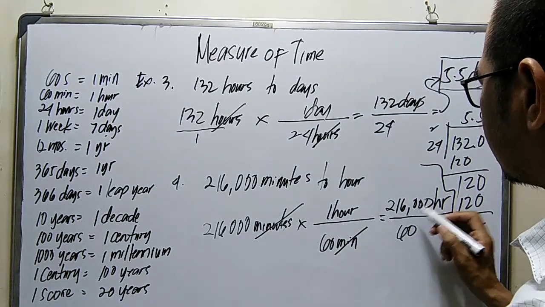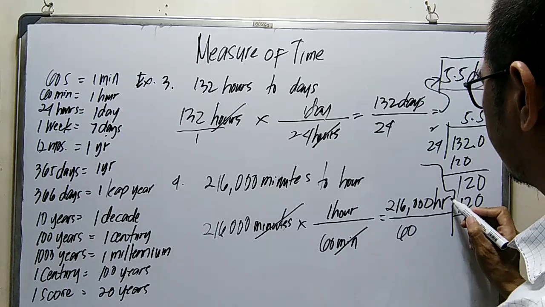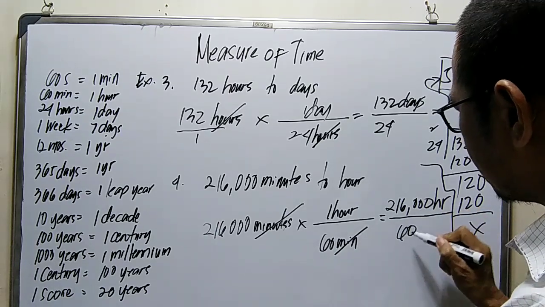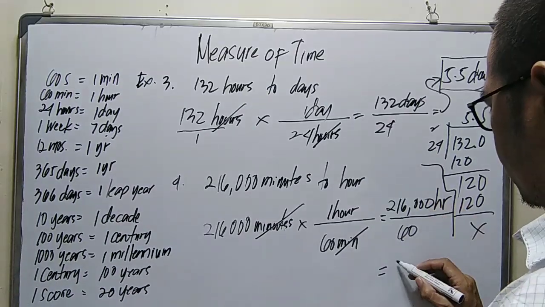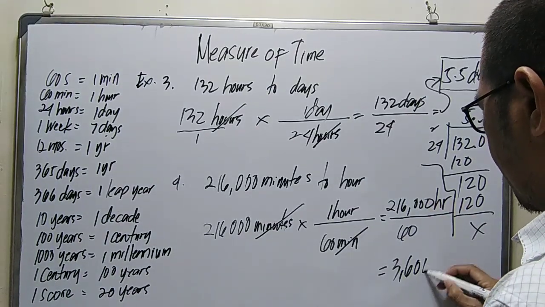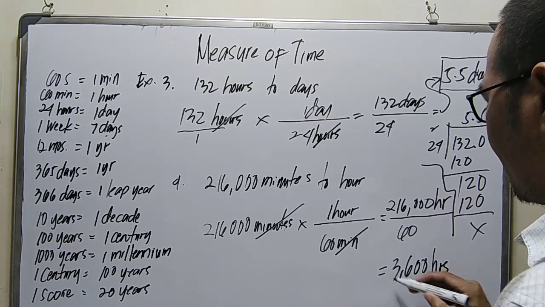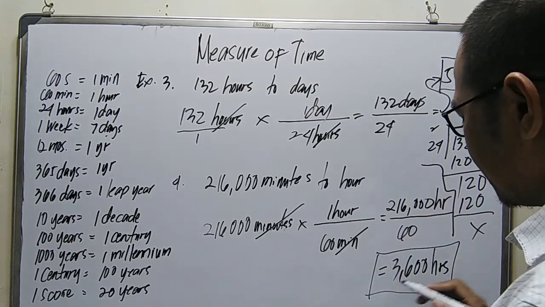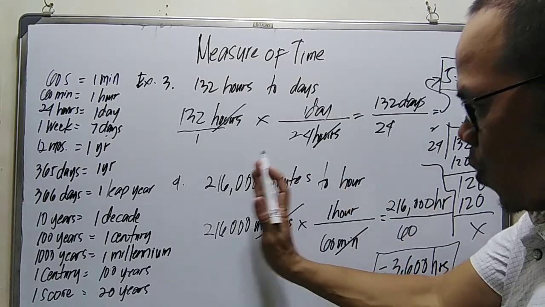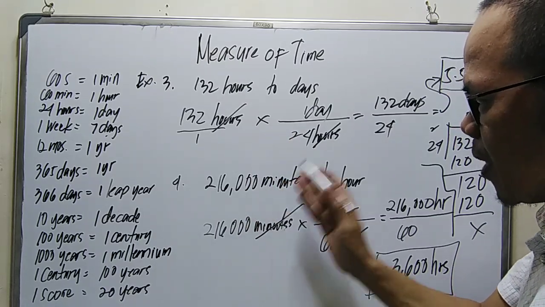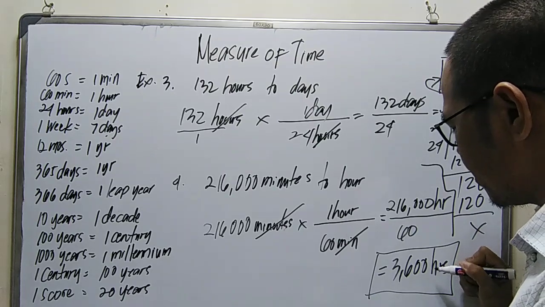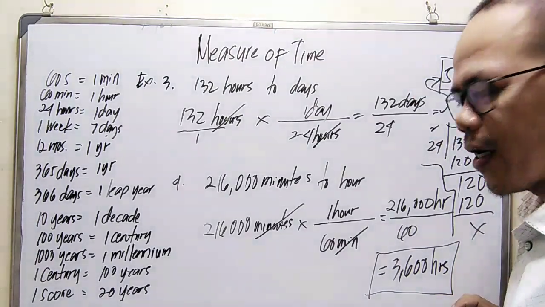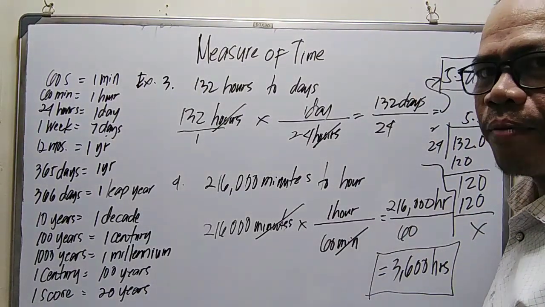So, 216,000 hours divided by 60, that is equal to 3,600 hours. Oh, diba? So, this is your final answer. Therefore, 216,000 minutes, that is equal to 3,600 hours. Okay? So, let's proceed to another example.